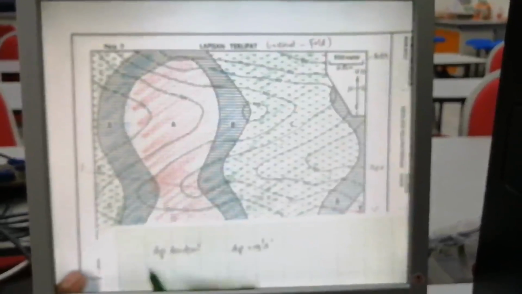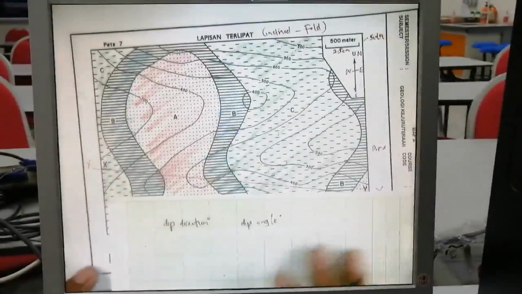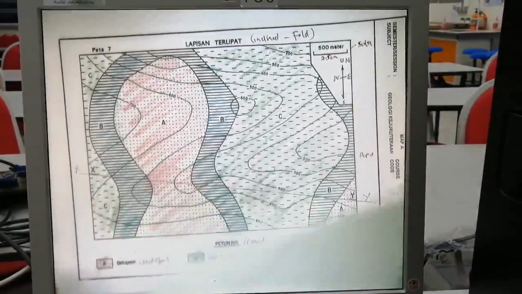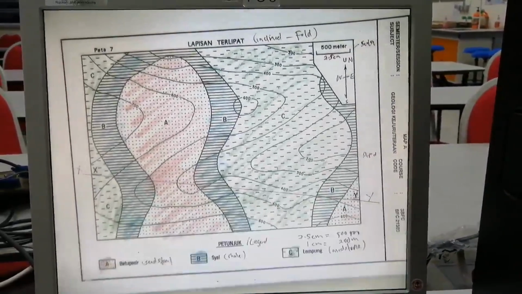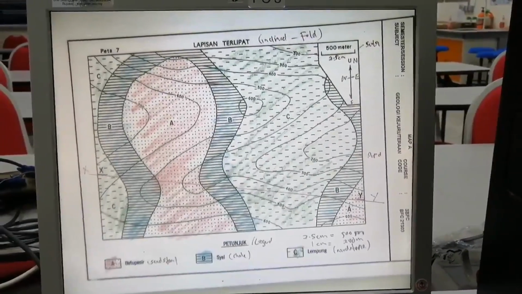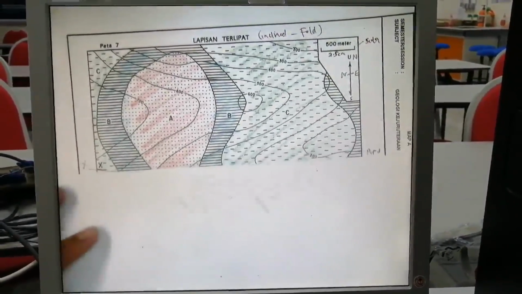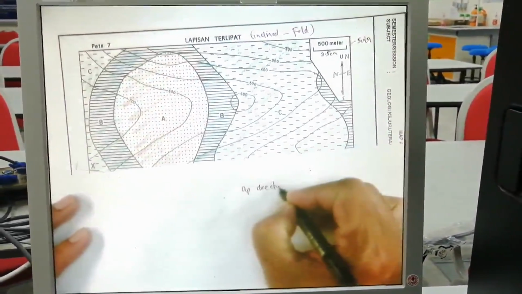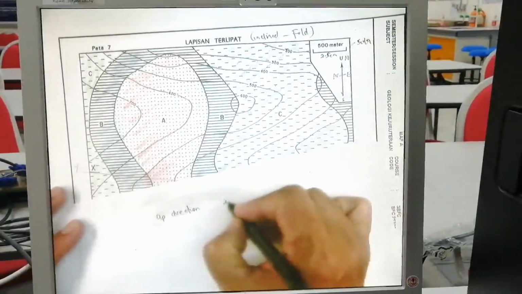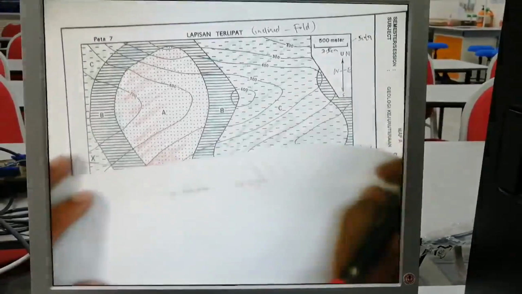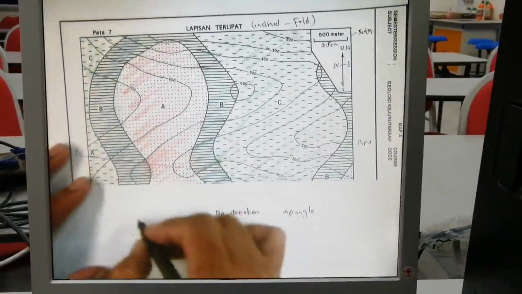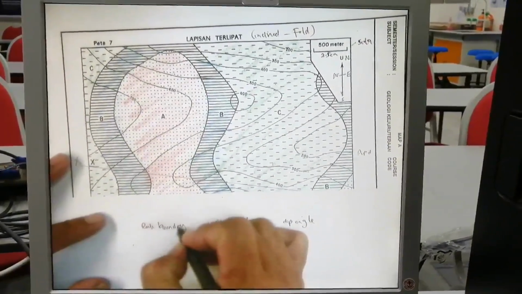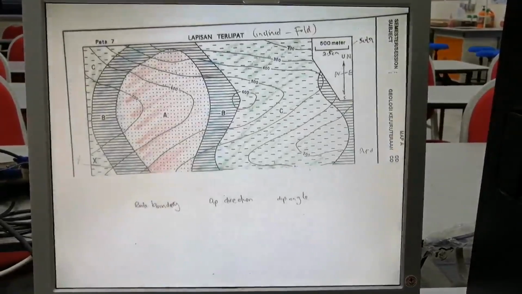To have this information, we have to investigate each rock boundary.